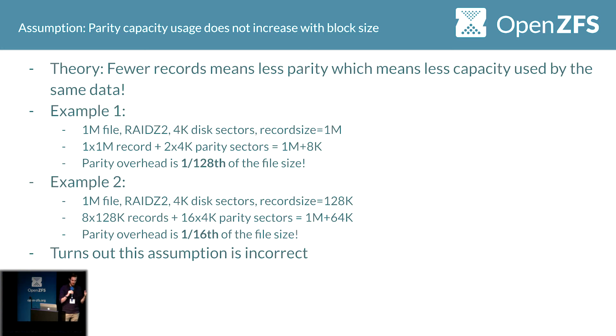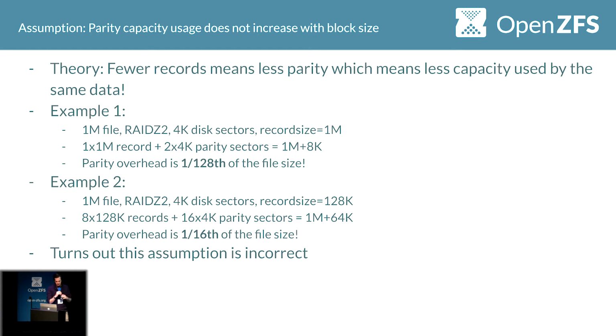My thought was, if you use a 1 meg record size and write a single 1 meg file, it'll just be 1 megabyte plus whatever parity data RAID-Z adds, like 2 disk sectors. That's only 1/128th of the file size in overhead. But if you use 128K records, the RAID-Z overhead would be so much more because you have more records.